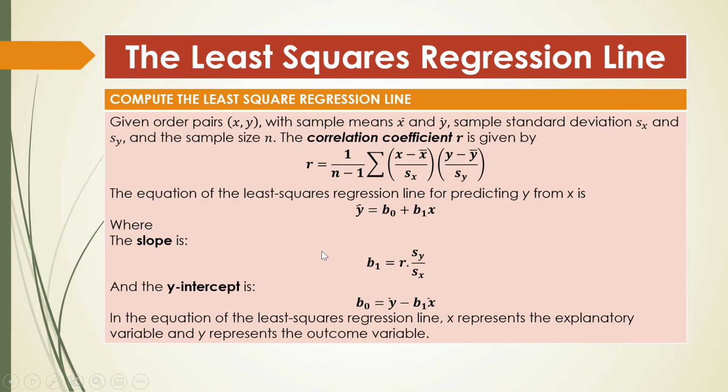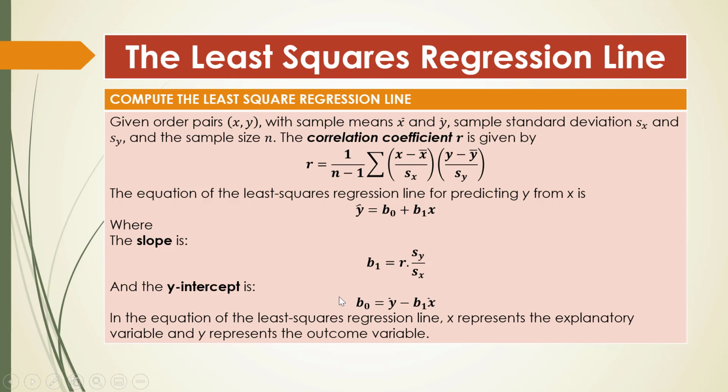The slope here is defined by the formula b1 is equal to r times sy over sx, where r is the correlation coefficient that we computed in the first formula, and sy is the standard deviation of y, and sx is the standard deviation of x.